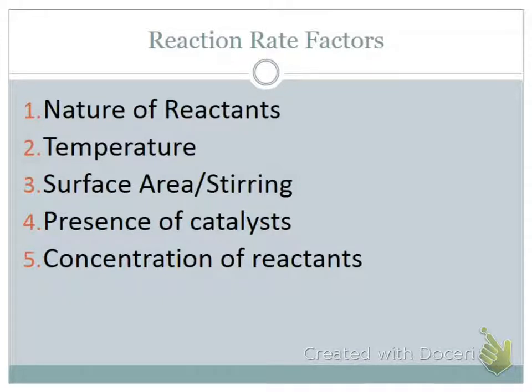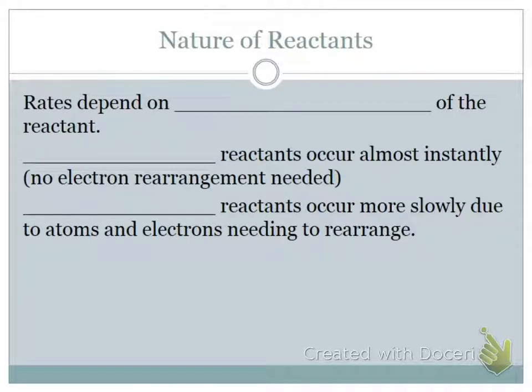So the factors that affect the reaction rate are some of the things that we talked about when we did solutions. Some of those same things are going to show up because the solution process is affected by some things with kinetics as well. First one we're going to talk about is the nature of the reactants. So first thing is how reactive that particular reactant is.